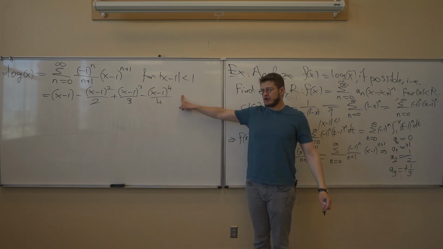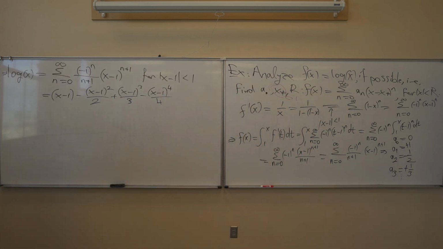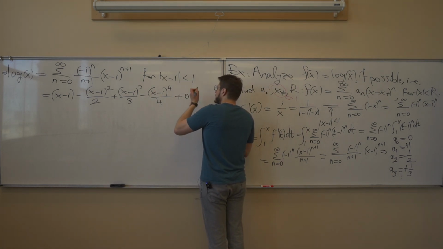But I know that the next term is going to be raised to the power 5, then 6, then 7, and so on. And I could, if I wanted, just concatenate everything and just write little o of (x minus 1) raised to the power 5. So this is the 5th order or 4th order approximation, if you want.